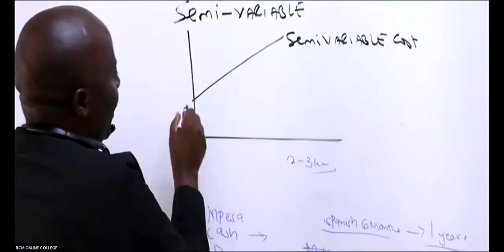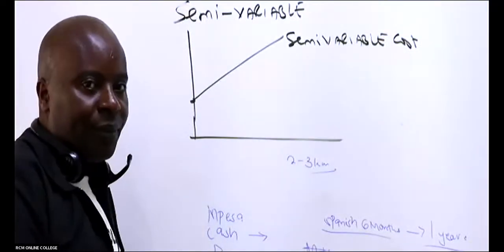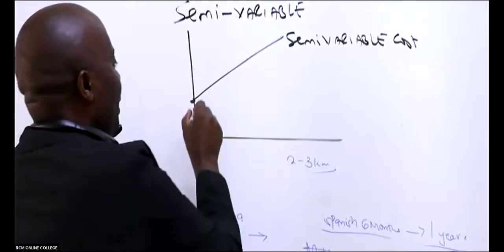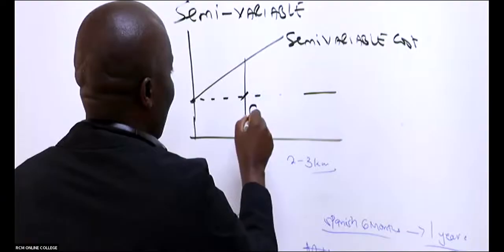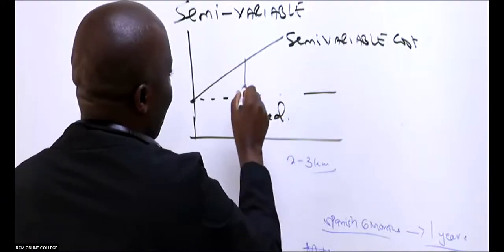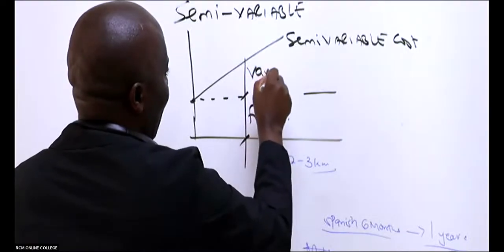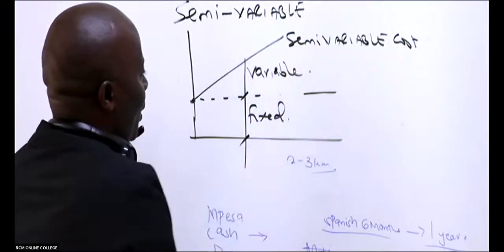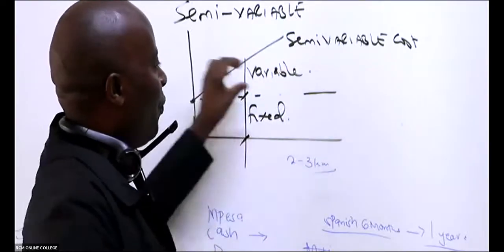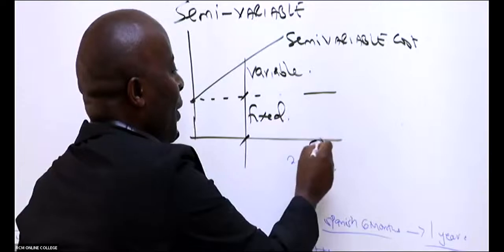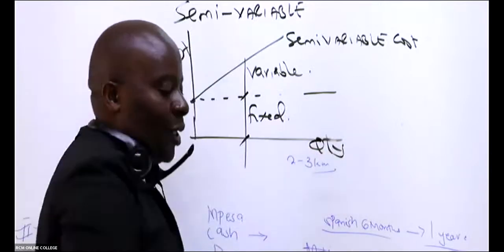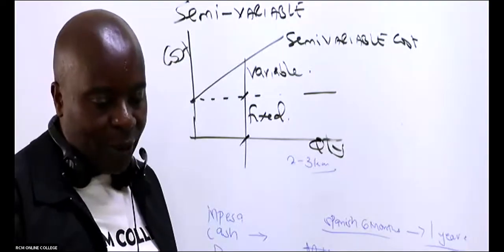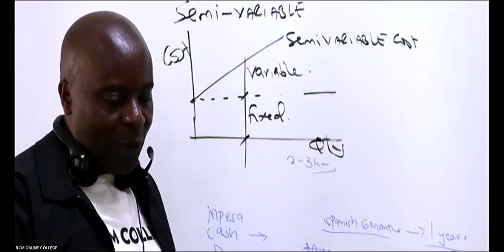You can see in this case, they are not starting from zero. They have two components, a fixed part and a variable part. Fixed is ever constant. Variable is dependent on the quantity that we are producing. This one will be very, very important for you to draw.